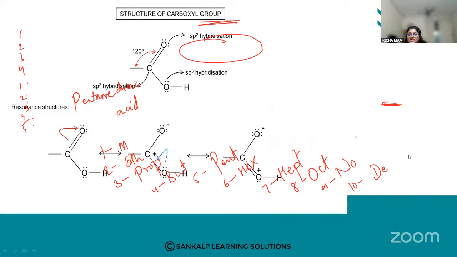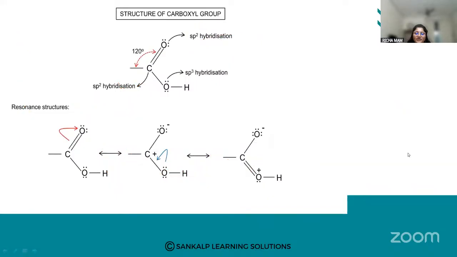Now let us see the structure of carboxylic acid. Here the carbonyl carbon, because you have a double bond, is sp2 hybridized. Whenever you have a double bond associated, the carbon is sp2 hybridized.